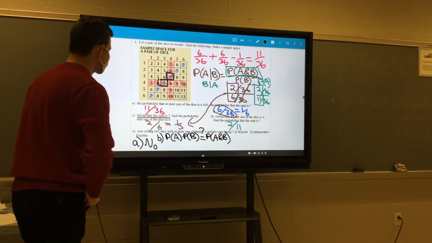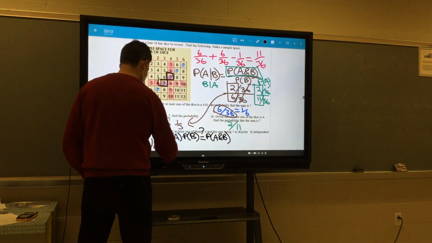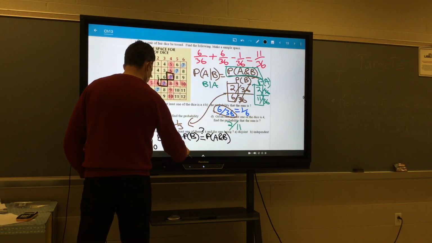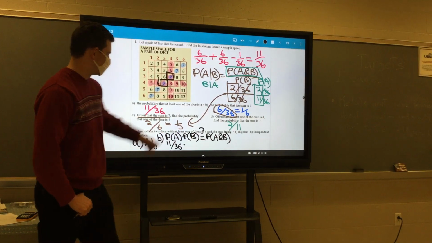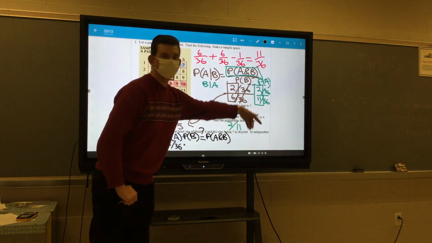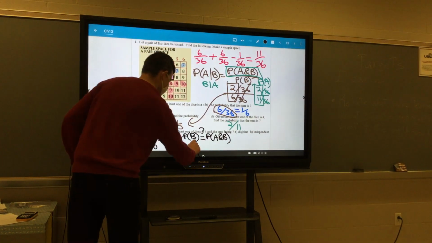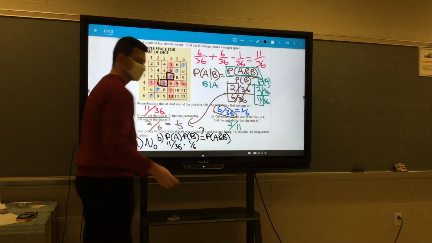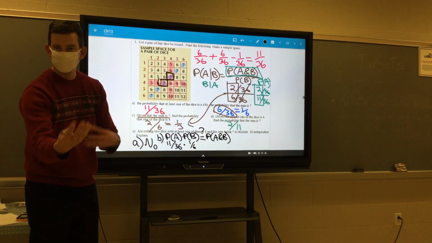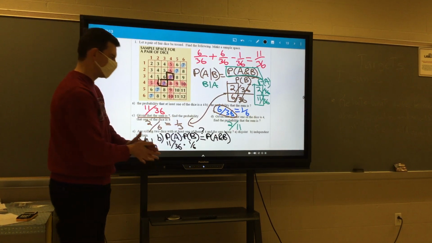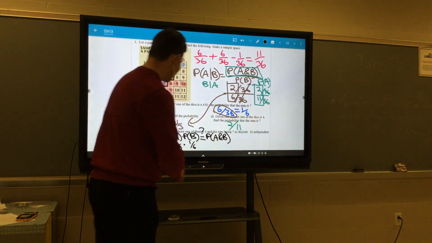So let's test it. Probability of A was 11/36. Probability of B was 6/36 or 1/6. I'm going to go with a reduced fraction here because, one, we don't need to worry about adding in a common denominator. You don't need a common denominator for multiplication.